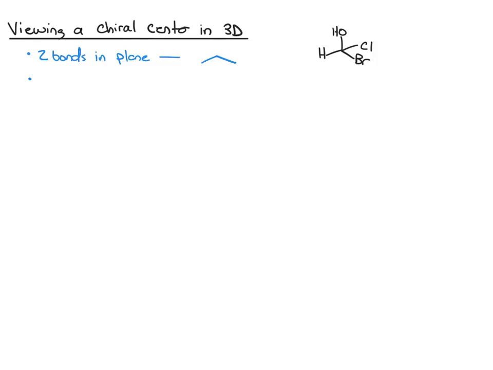You want 1 bond out, which will be a wedge. And you want 1 bond back, which we draw as a dash.